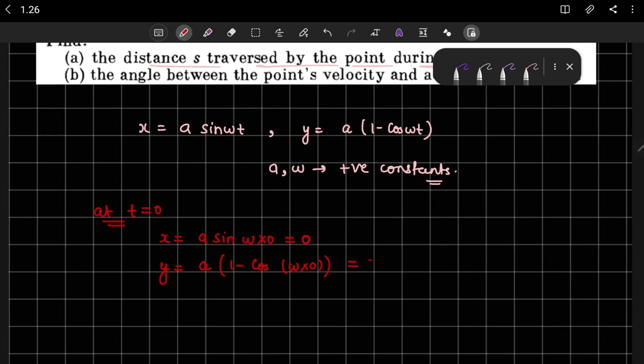So from here we will get 0. So the initial position of the point at t is equal to 0 is 0 comma 0.